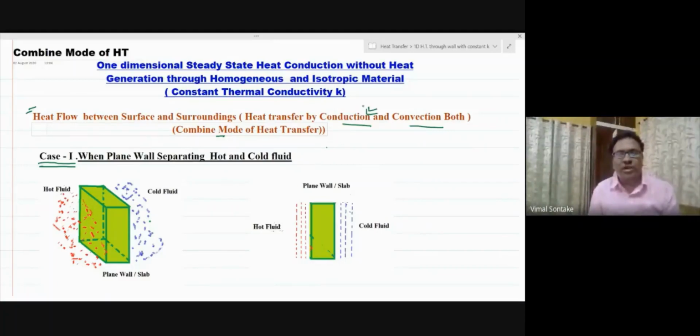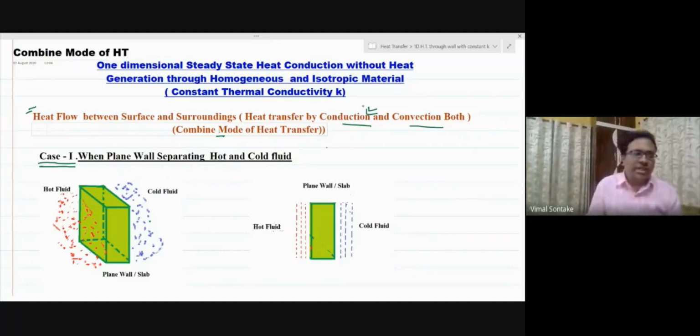One will be hot fluid and another will be cold fluid. So heat transfer will take place from hot fluid to the cold fluid through the solid medium in the form of plane wall or composite wall, and both the modes, convection as well as conduction, will be involved.